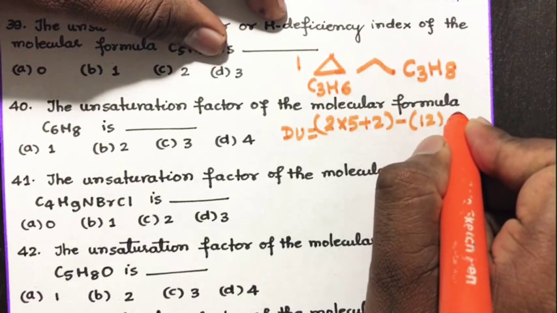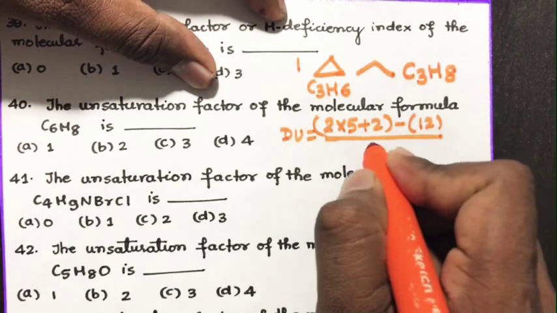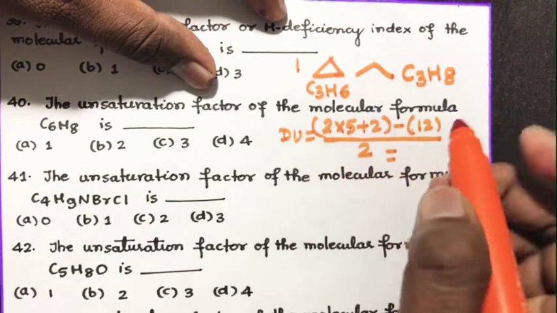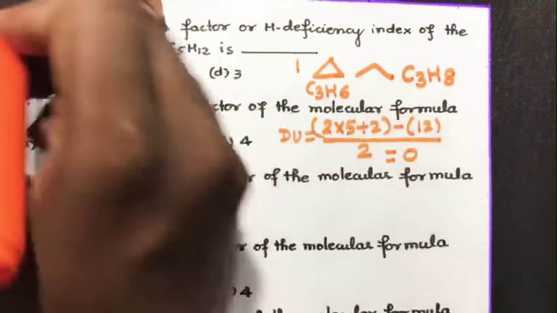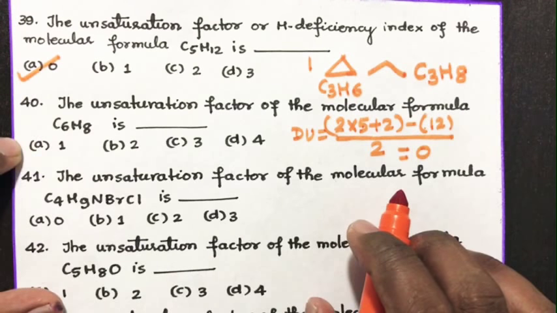It has no halogens and nitrogens, so we leave the rest. Now divided by 2, then it will be 12 minus 12 divided by 2, so this will be 0 in this case. So the degree of unsaturation for the first case is 0.